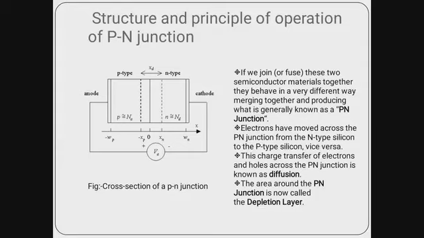One is p-type material or p-type semiconductor bead, which is basically made of silicon or germanium. We are basically choosing silicon because its availability in the market is better as compared to other semiconductor devices. And another one is n-type material, which is also made of silicon.